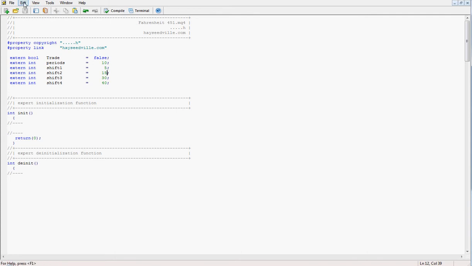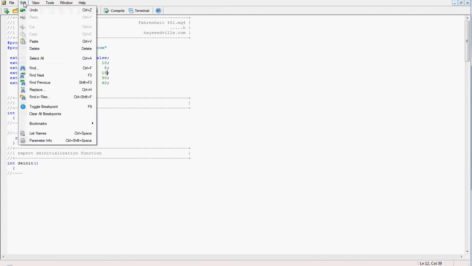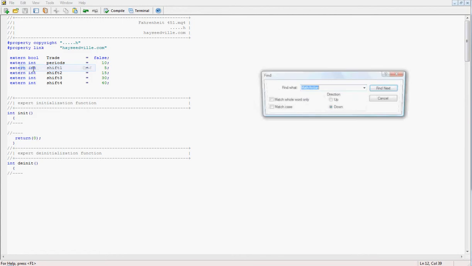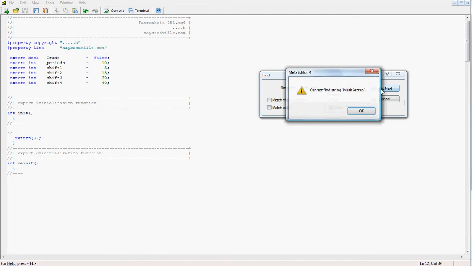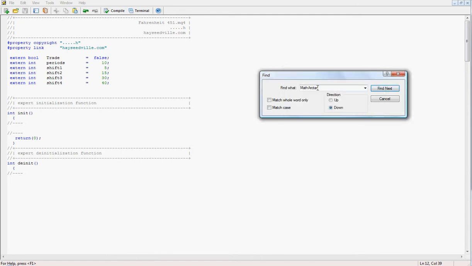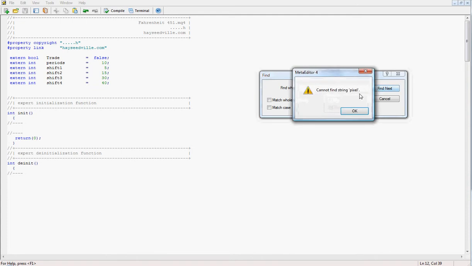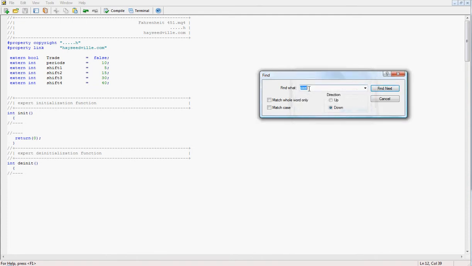30 and 40 is the second angle that we're wanting to measure. Now, let's see here. Edit, find. Everybody has their own view on it. Let's see if some people say use MathArctan. I'm not using MathArctan. It's not there. It would have found it if it was. Pixels. I'm not using pixels.